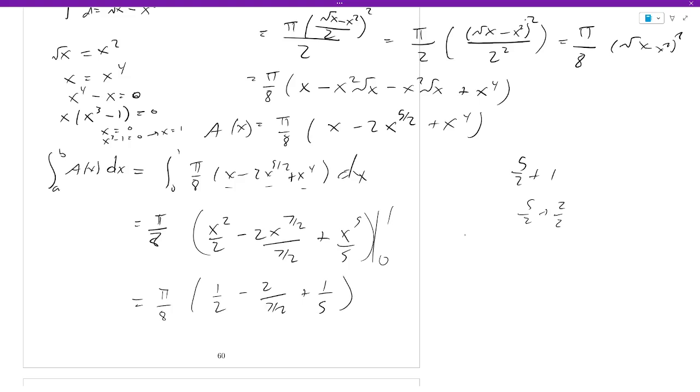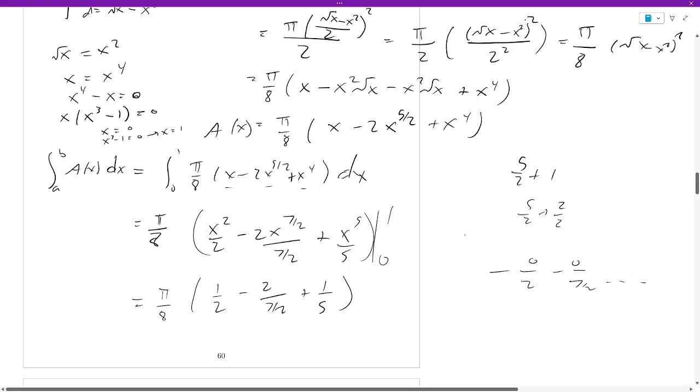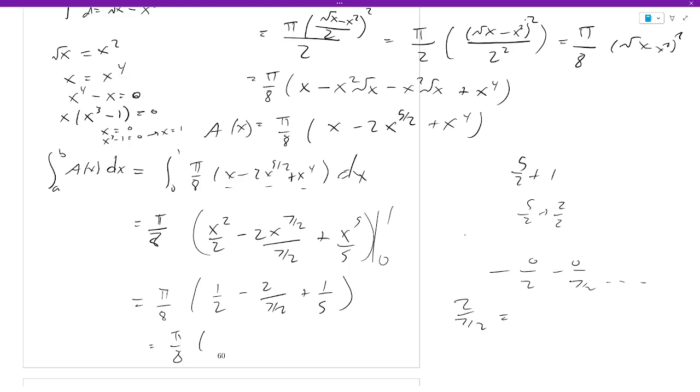And I'm not even going to draw the rest of it, but you could subtract plugging in 0, and that's all going to be 0. So we're done as long as we can combine these fractions properly. Again, you could totally calculate this, but just for fun, let's figure it out. One thing to do right away is this 2 over 7/2 thing. Remember, whenever there's a fraction on the bottom, that's the same as multiplying by that fraction out front. So this is actually 4/7.